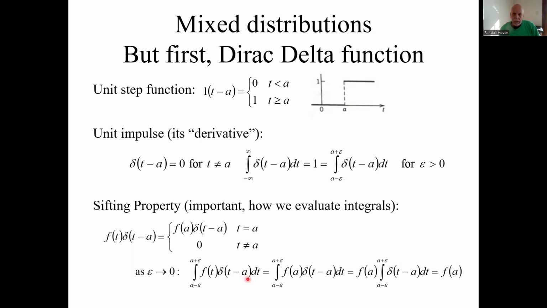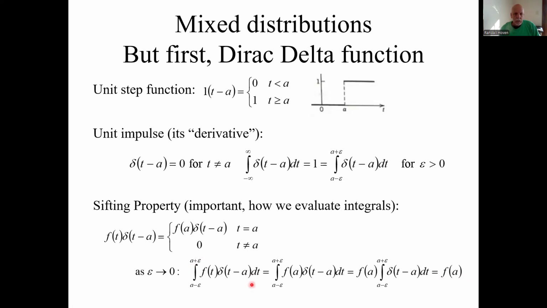If you put a Dirac Delta Function in with some other function and integrate it over limits that include a, that just evaluates to the function evaluated at a.